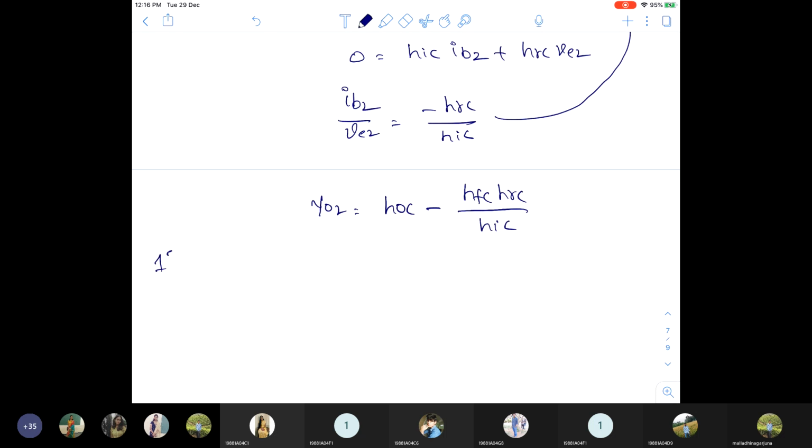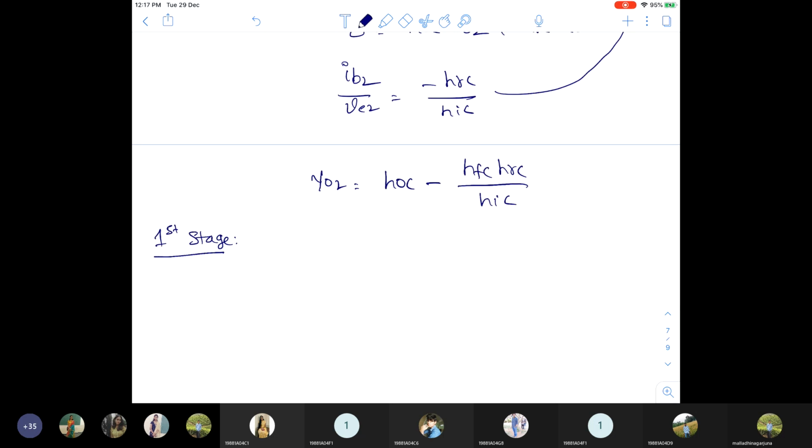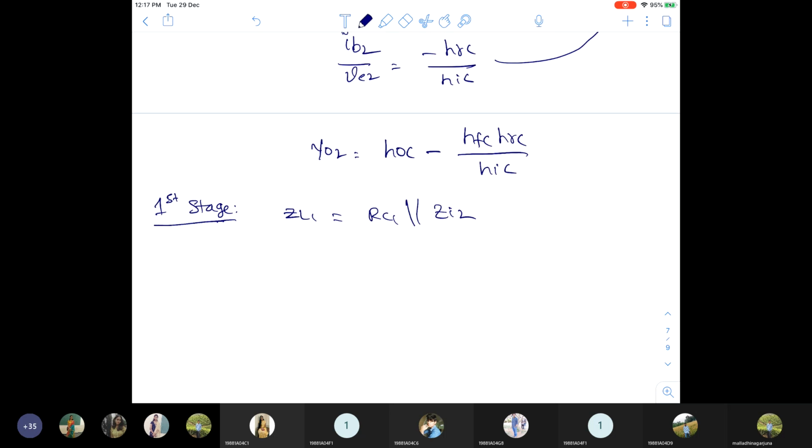Now coming to the first stage. ZL1 is nothing but RC1 parallel to ZI2, the second stage input impedance parallel to the collector resistance. The procedure is the same anyway. The first stage is a CE amplifier, as I told you earlier, so the first stage is the same, just copy paste.